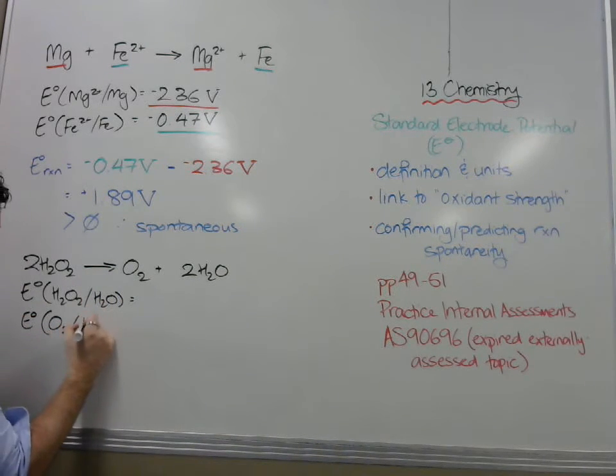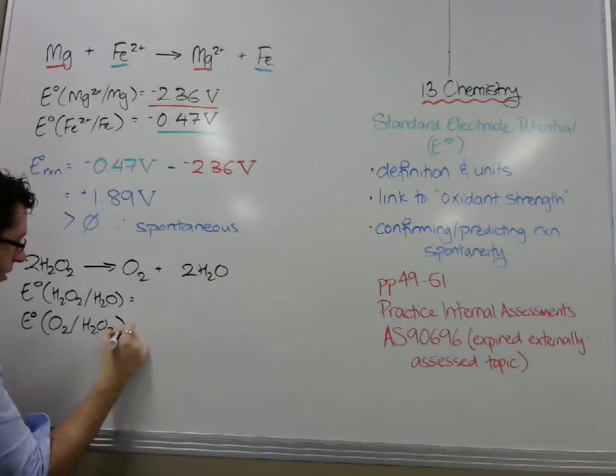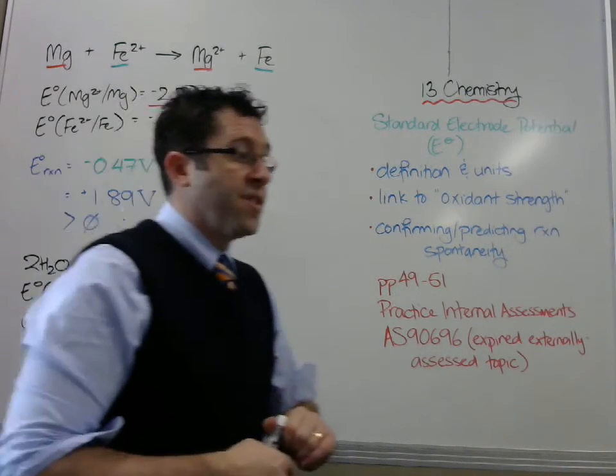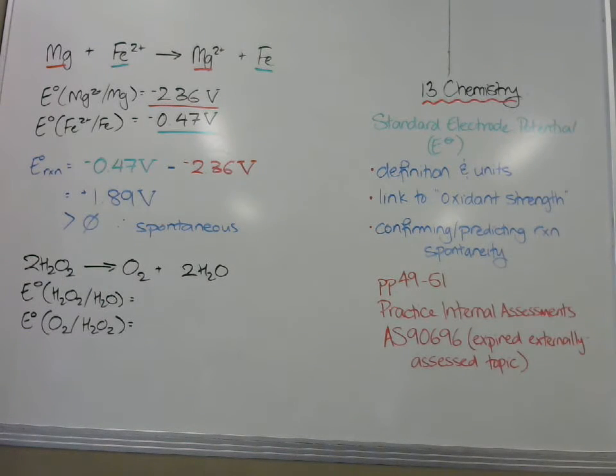And you've got the oxidation one there in this case, but that would be the reduction, of course, from oxygen to hydrogen peroxide, adding of hydrogen. So what you're going to be asked to do is to find the values for those and calculate the electrode potential for the entire reaction and see if it is positive or negative. Okay? If you get the negative value, it means that you've got them back to front, to be honest. All right. So that's your next task. Any questions before I stop this?